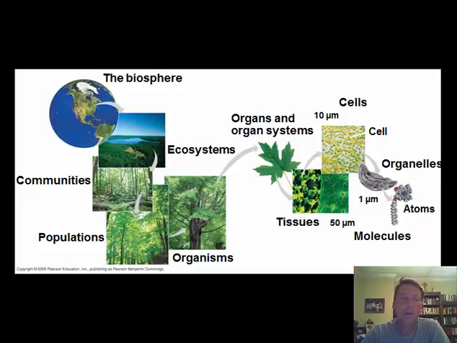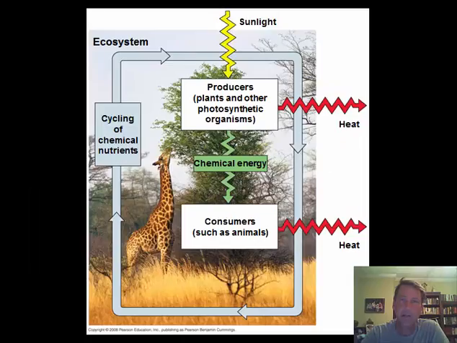The next thing we can talk about in the study of life is what is required for all life, and that is energy. And so we have an energy flow or energy utilization that occurs for life here on Earth. And all this energy ultimately comes from the sun.